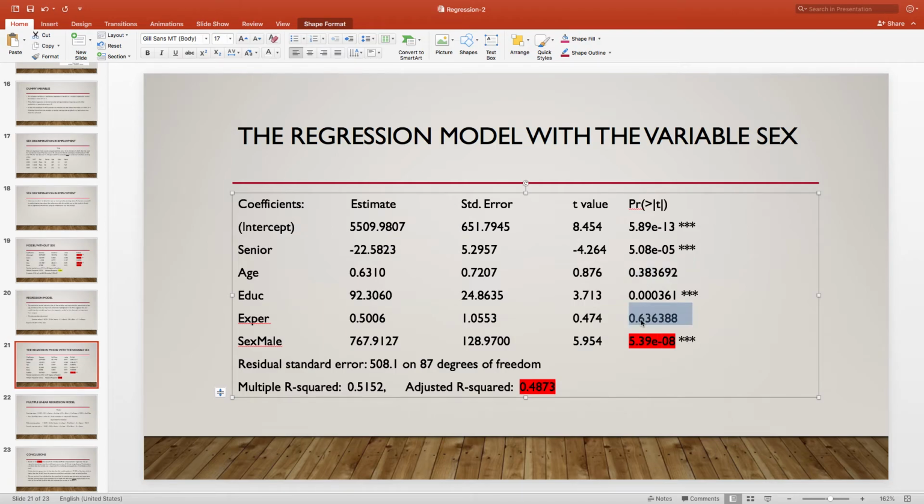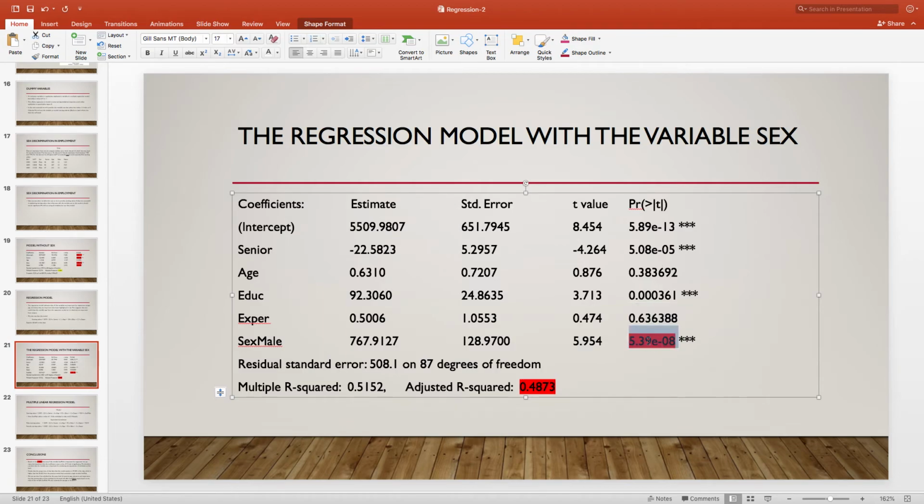And experience is now not important. Only education and seniority are, so you could drop these from your model if you wanted, and I'd suggest one at a time, because if you drop one, it's possible the other one may become statistically important. Those are details that I'm not going to discuss in full.